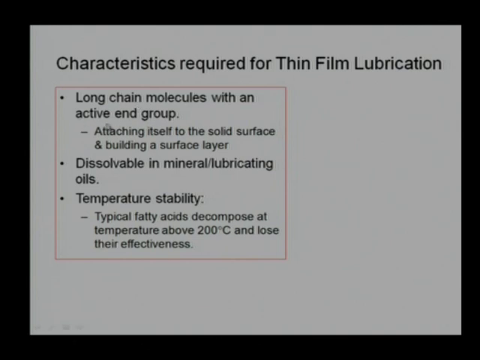When we are talking about the active one end group, it is something like polar end. Polar end is always active. So, we require active group at the end of the chain, which can attach itself to a solid surface and bound to that surface. It does not get detached easily. That is what we really require.